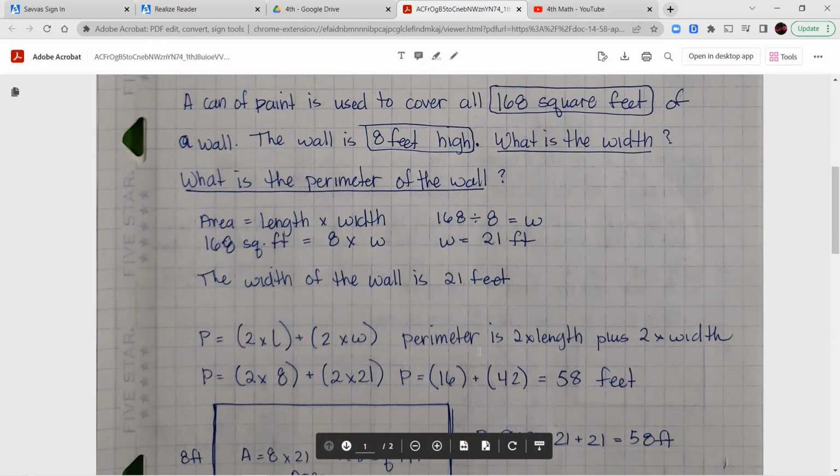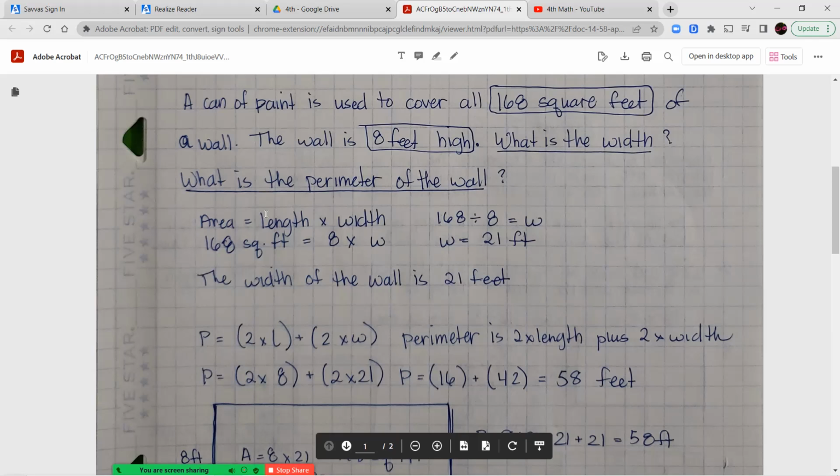Let's take a look at our first example. It says a can of paint is used to cover all 168 square feet of a wall. Now remember, whenever we're working with area, we're using square units. So here we know that we're talking about the area of this wall. The wall is 8 feet high. What is the width? What is the perimeter?